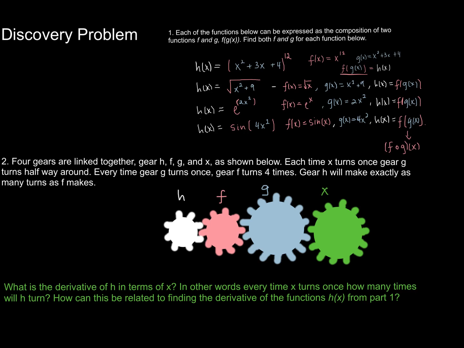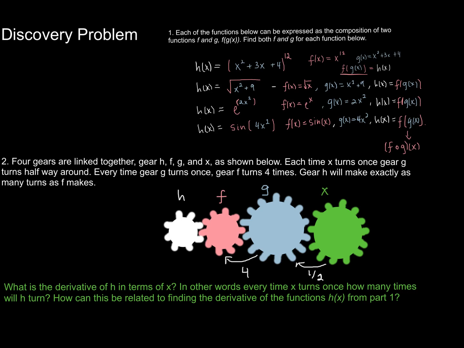So let's just think about the situation. When x turns once, g makes a half turn. When g turns once, f will make 4 turns.